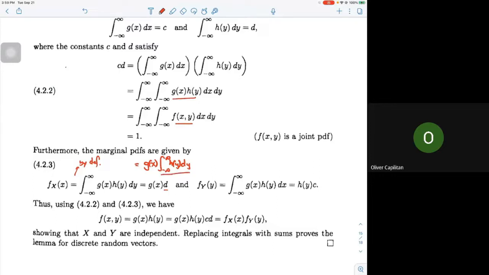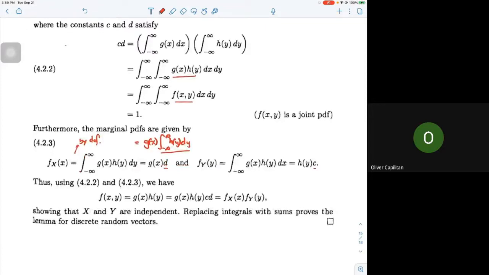Then similarly for the marginal PDF of y, again, this is by definition. Then we can write the factor that does not depend on x before the integral sign, and then the remaining expression in our integral is equal to c. Okay, so we have that.